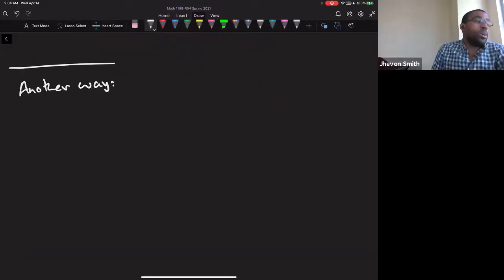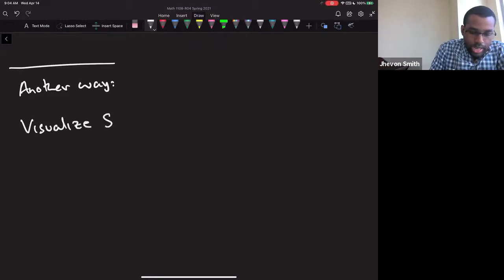And this is going to show a very important idea also. Another way is to just visualize S as a set of tuples.